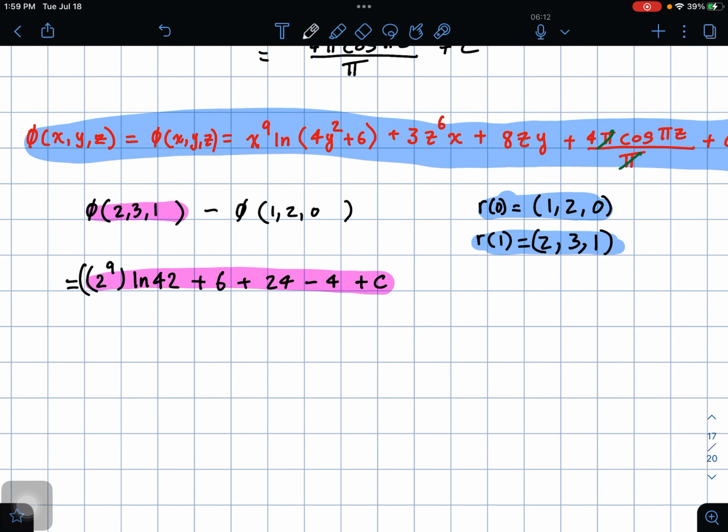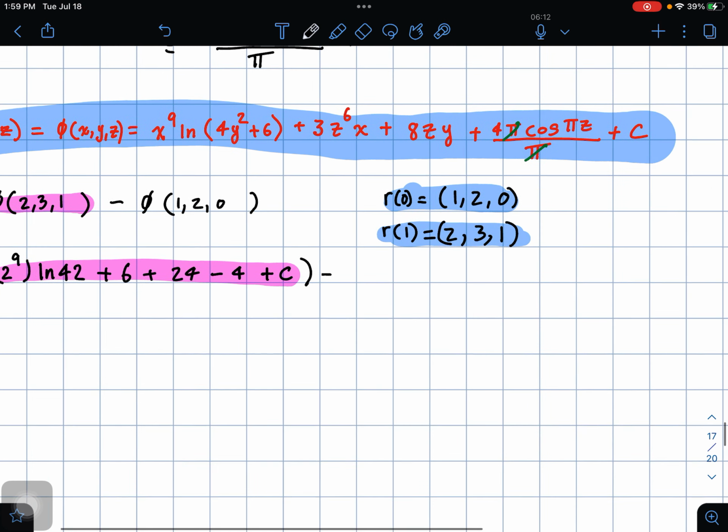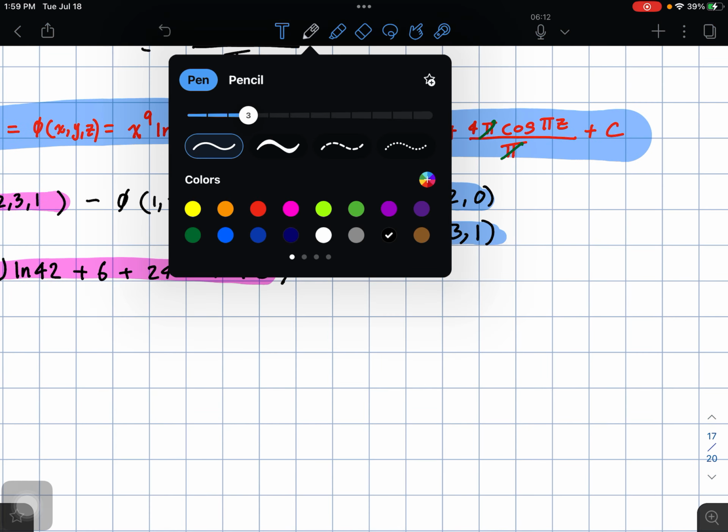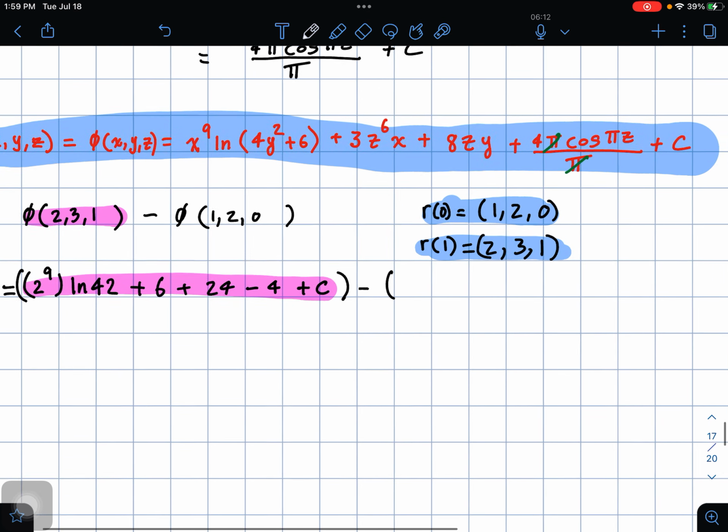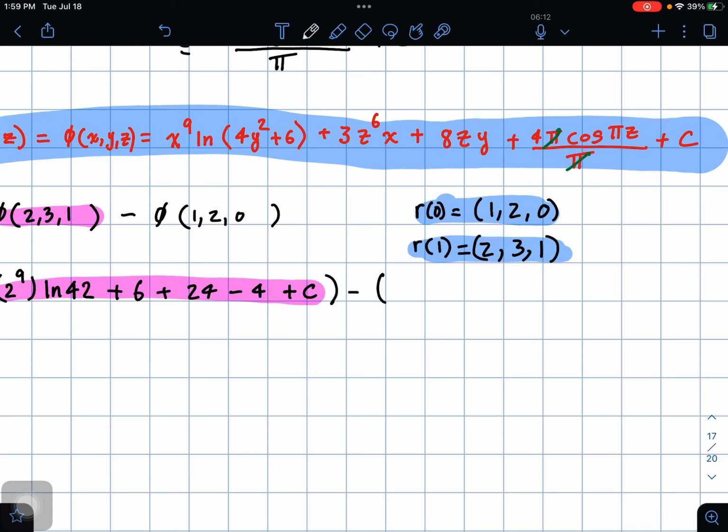So we have this minus, now we need to do the second part. We have x to the 9, x is 1, so just 1, ln of y squared, so that's 2, 2 squared is 4, 4 times 4 is 16, 16 plus 6 is 22, so that's gonna be ln 22, I think.